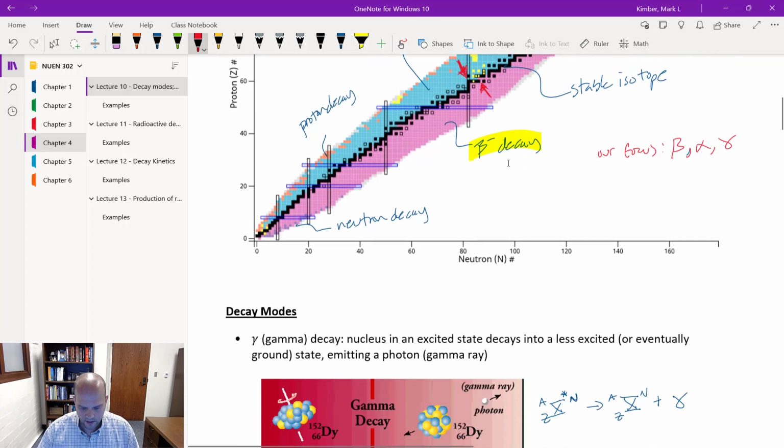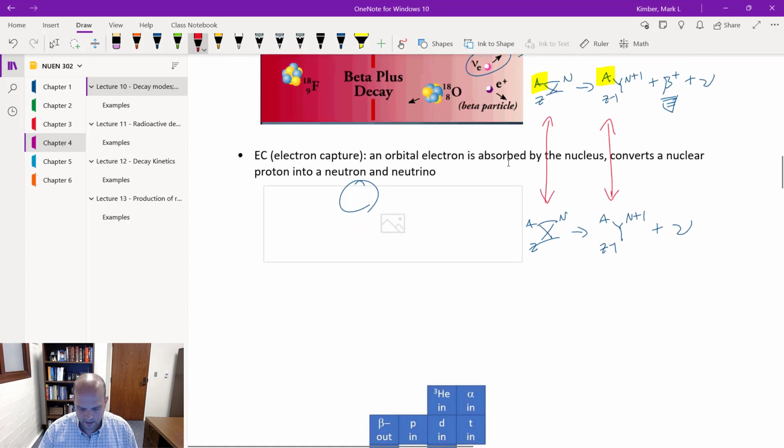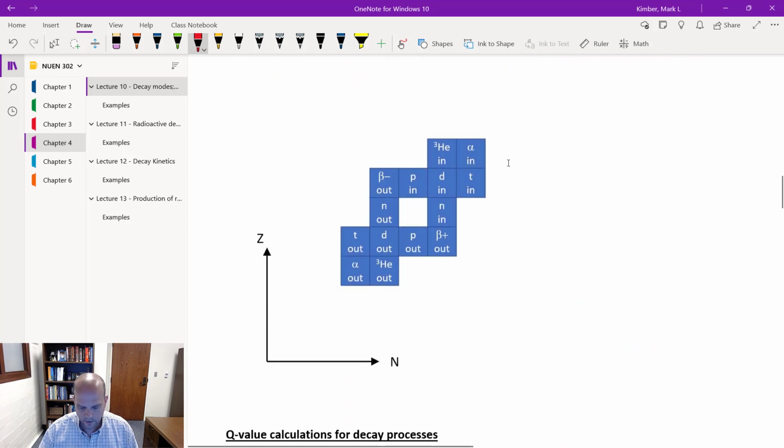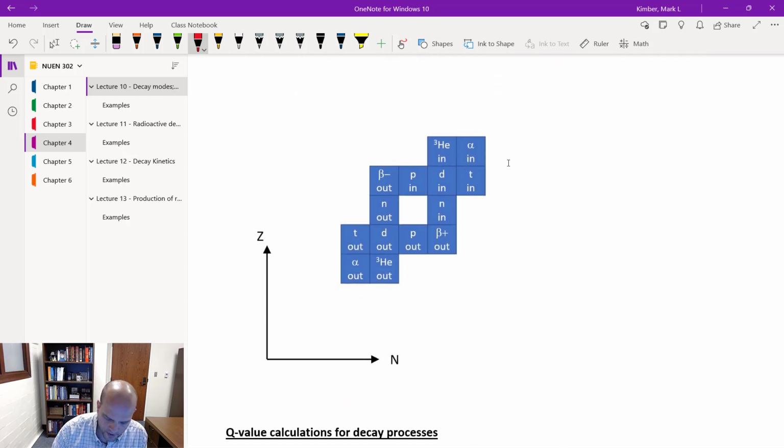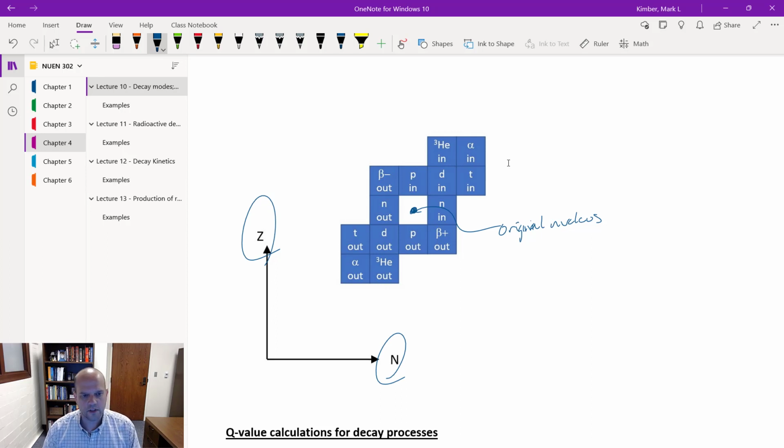Okay, so let's summarize all this by looking at the following chart. So this would be in the center here, this would be my original nucleus. And so this is organized in terms of Z and N, just like a nuclide chart would be.